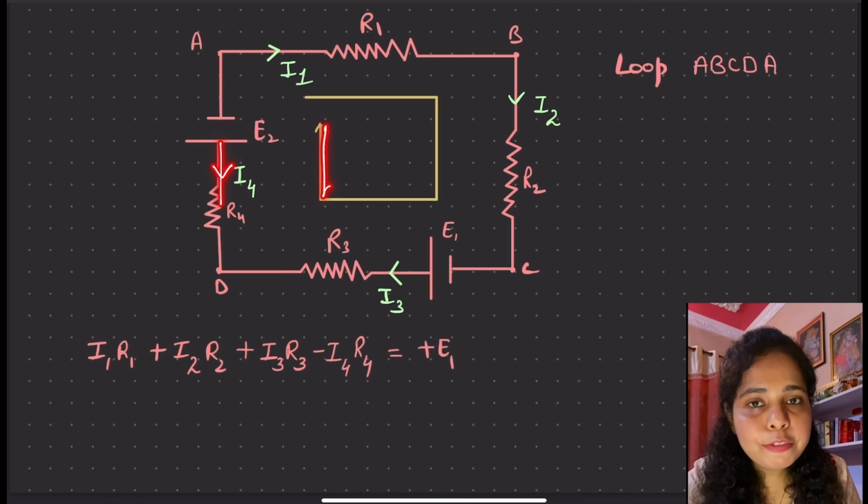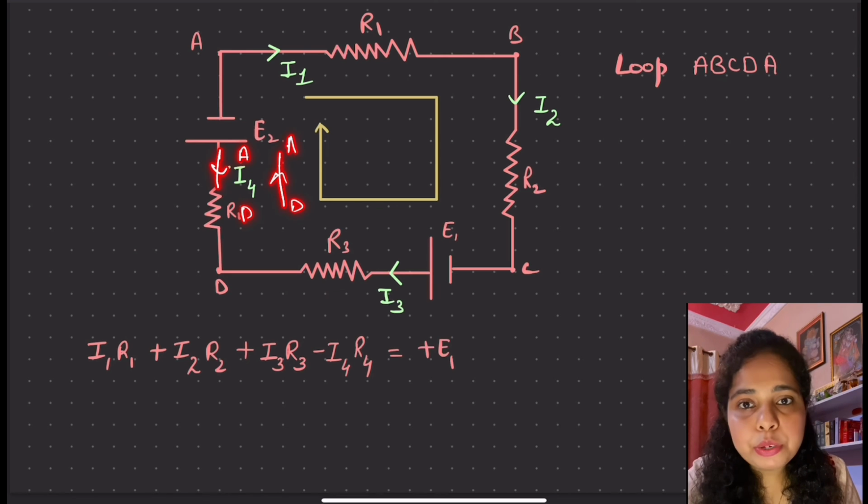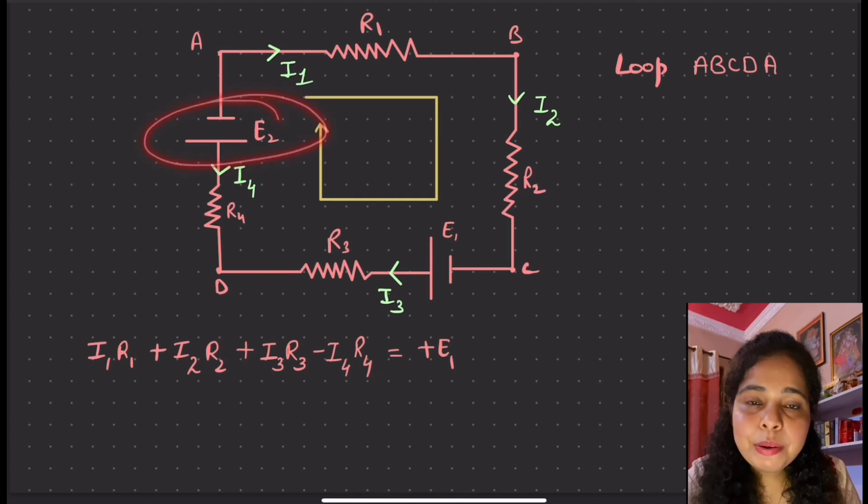Therefore minus I4 R4. Now we are encountering the other cell of EMF E2. While moving from D to A, the first terminal which we encounter is the positive terminal of cell E2. But we always take the sign associated with the second terminal.